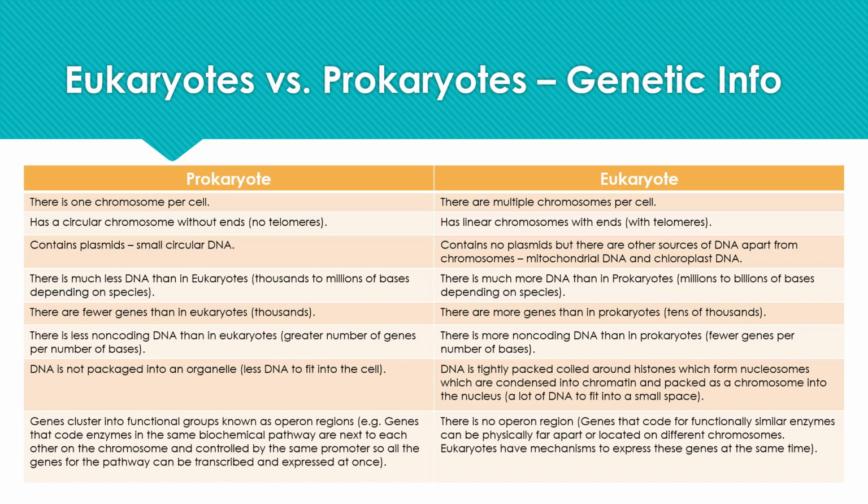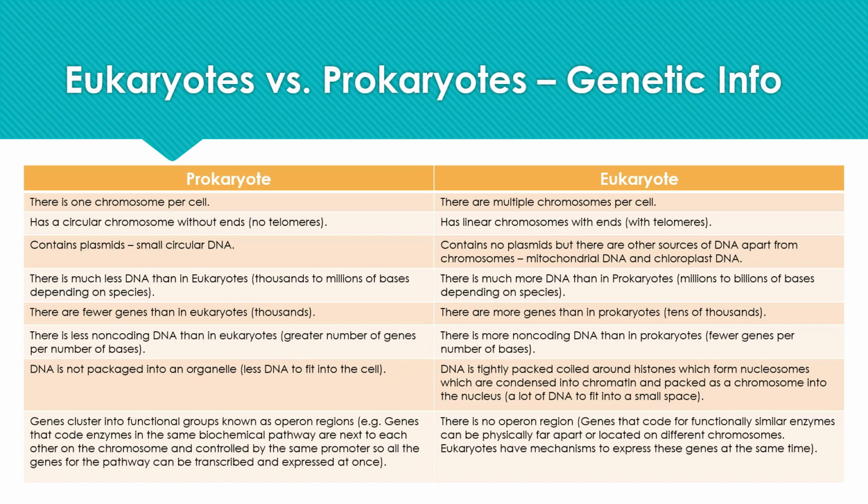Basically, there's a lot of DNA that has to be packaged very tightly and carefully to fit into a very small space. In terms of controlling their genes, prokaryotes tend to have their genes grouped into functional groups called operons or operon regions. What this means is the genes that code for protein products that interact with each other will also be near each other.